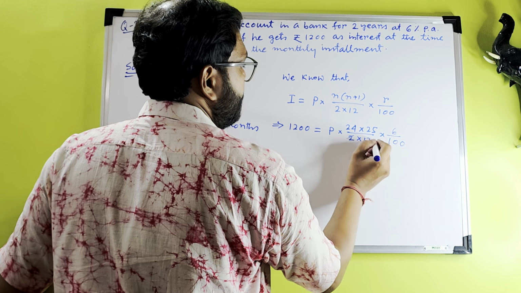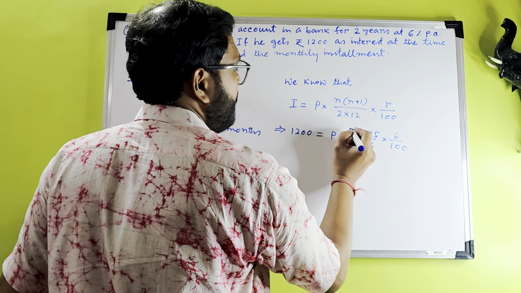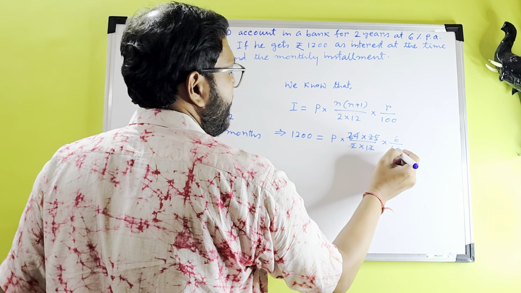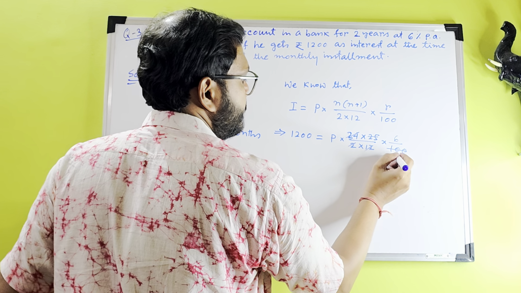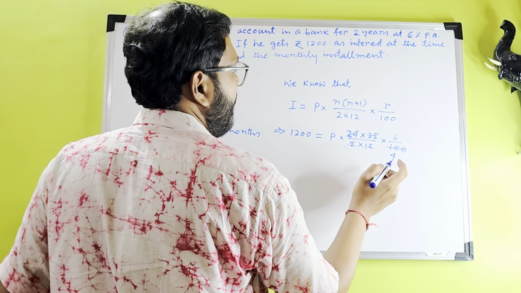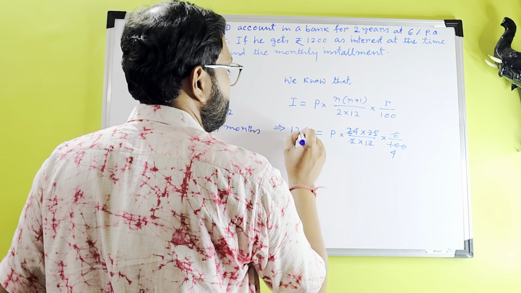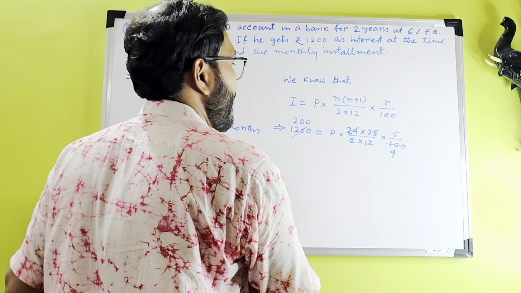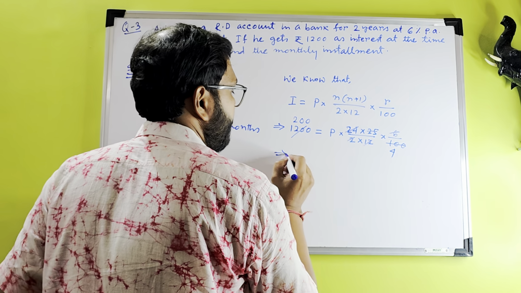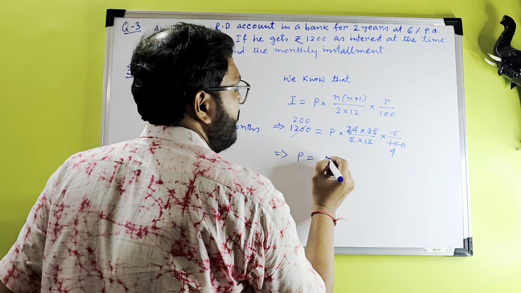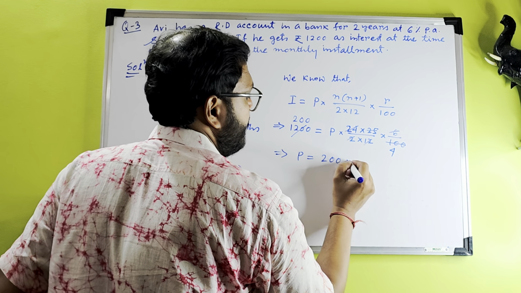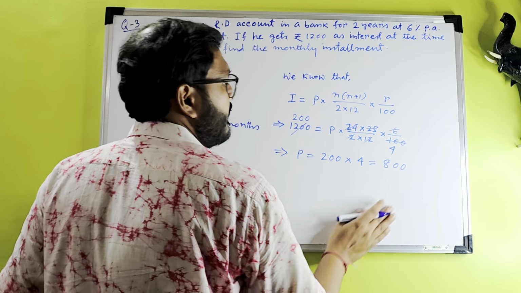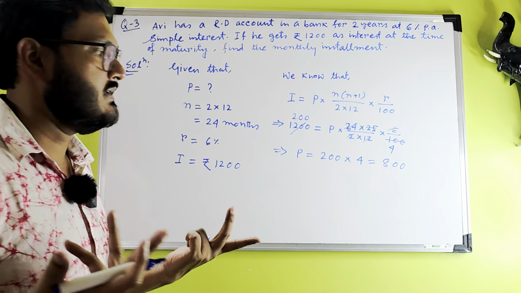Look, 2 into 12 and 24 get cancelled. 25 into 4 by 6... 200. Then P equals 200 into 4, so 800. Finish. Very easy sum.